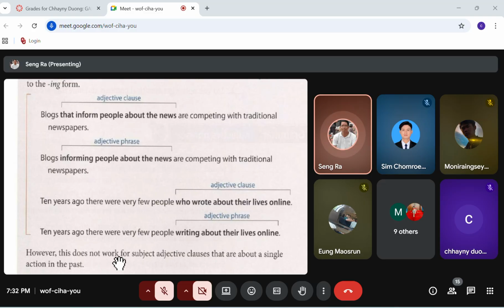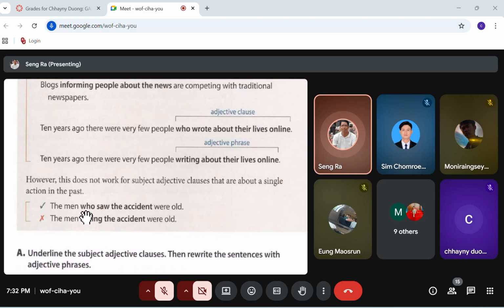However, this does not work for subject adjective clauses that are about a single action in the past. The men who saw the accident were old. The men seeing the accident were old. You cannot say that. Why?